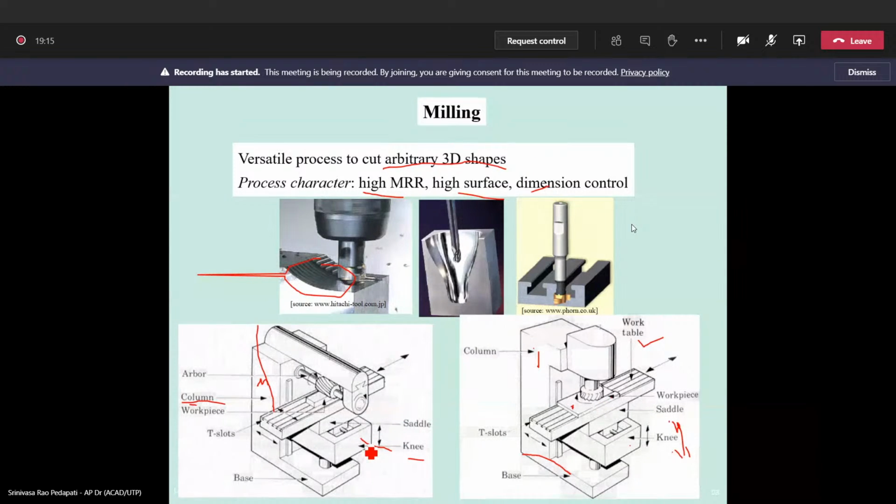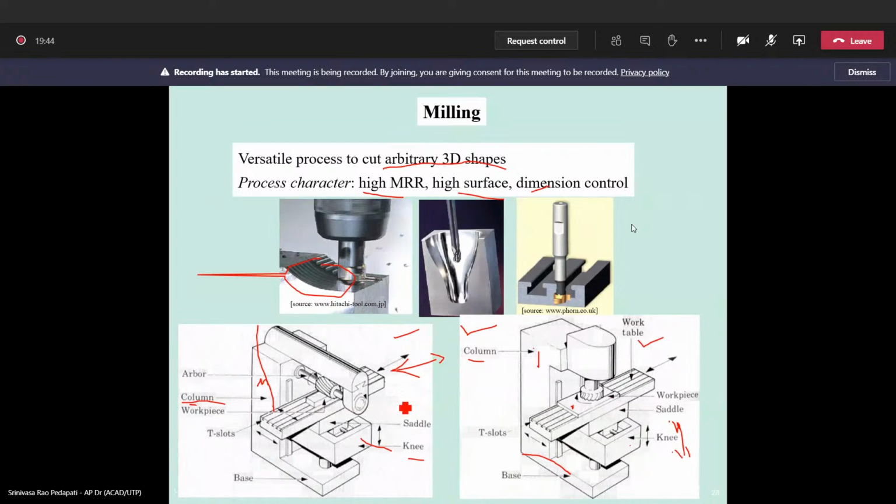Now, as we see in pictures 1 and 2, both are column and knee type. Both have a column, both have a knee. In both cases the saddle is there at the bottom, and there is a table which is movable from left to right in the picture.